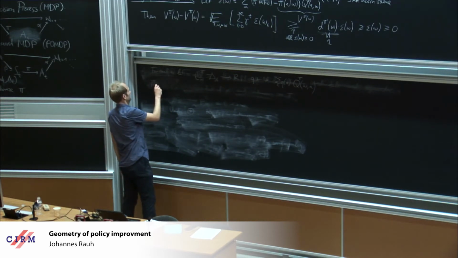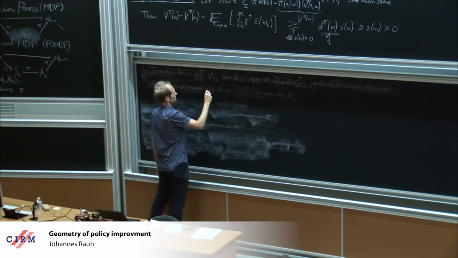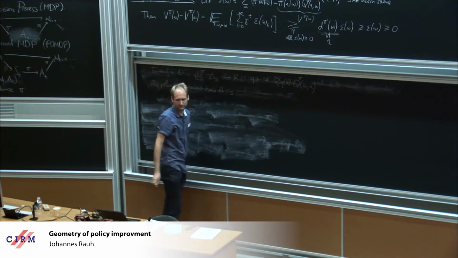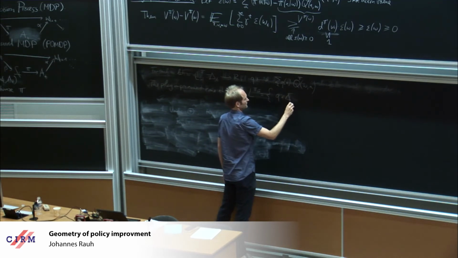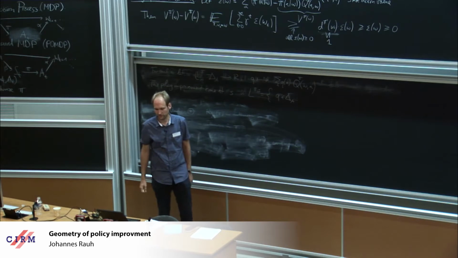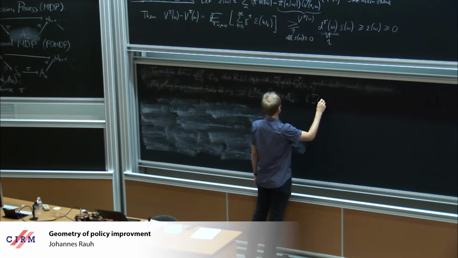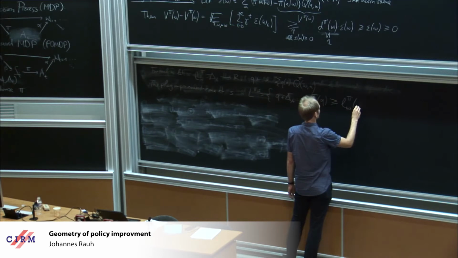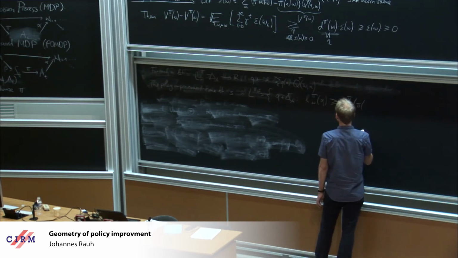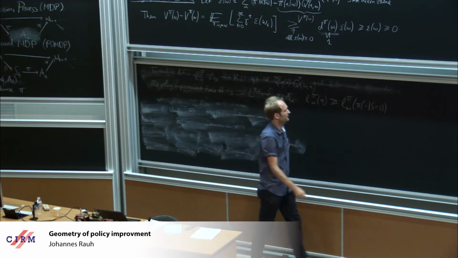The policy improvement cone at a certain sensor state, pi s, is the set of distributions over actions such that L pi w of Q is bounded from below by L pi w of the policy that you started with, given what your current policy recommends you to do at a certain sensor state.